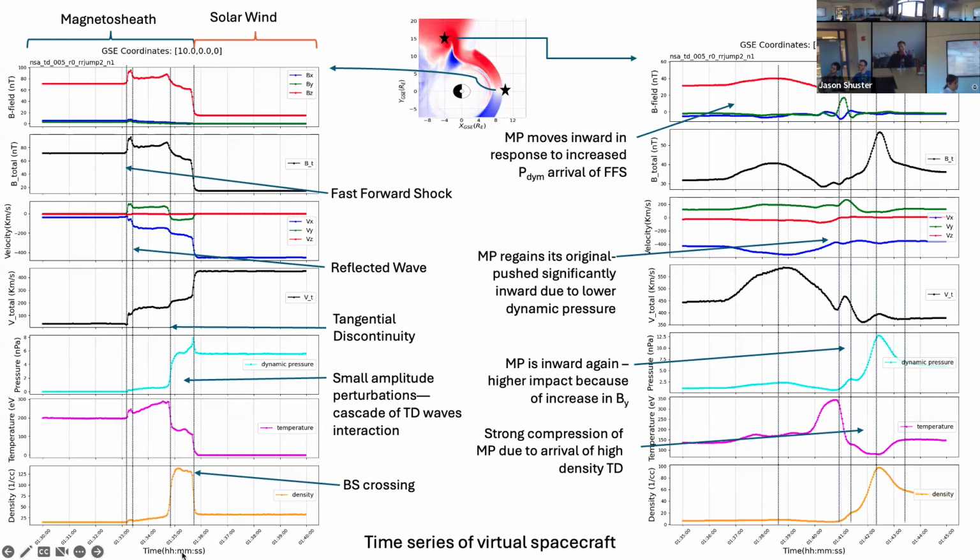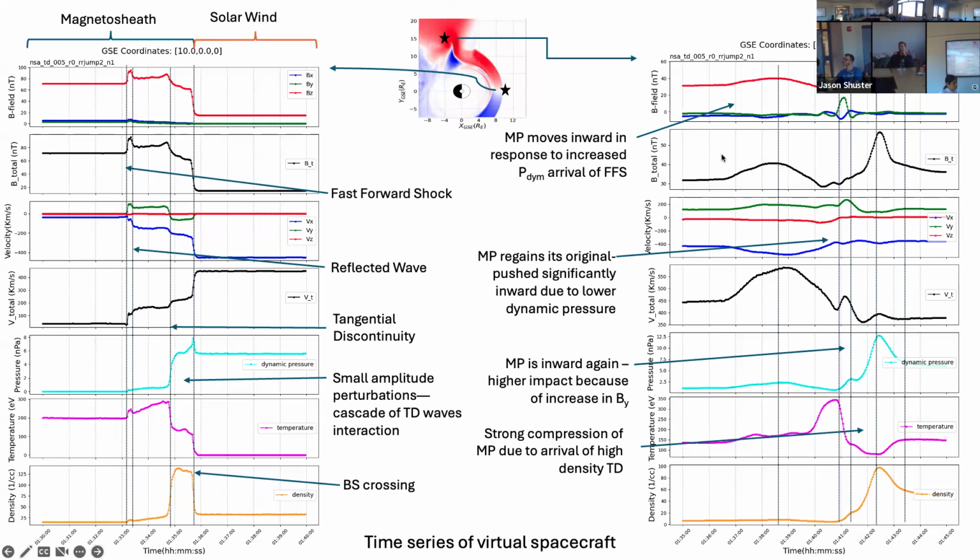On the left side, for this inclined case, it was initially in the magnetosphere, but eventually it went to the solar wind. But before that, we would see all these different discontinuities and interactions.